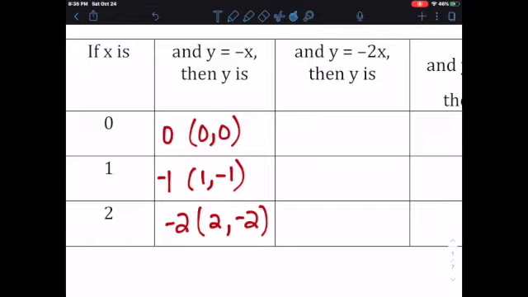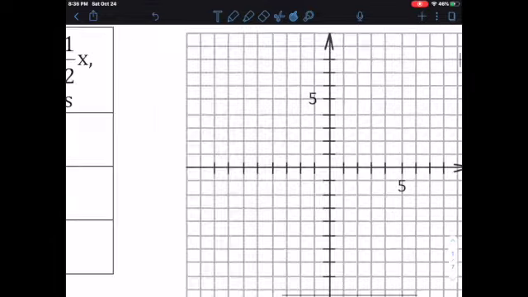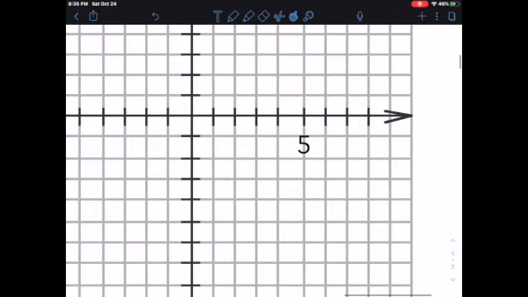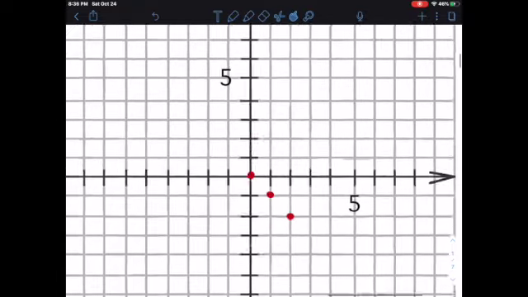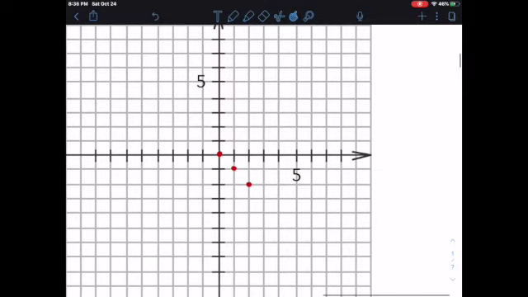All right, so let's plot that. It's 0, 0, and 1, -1, and then 2, -2. And then it's going to be a little bit different direction compared to the normal.